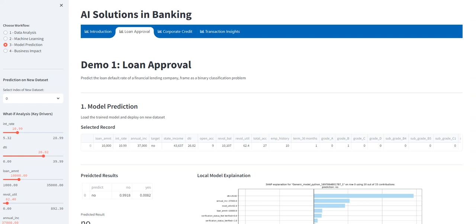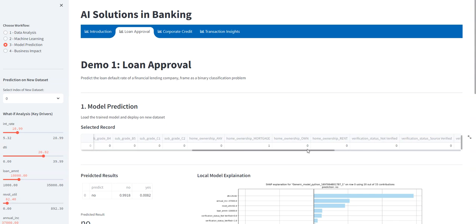So after we have trained our models, the next step is model prediction, where we load the model trained based on historical data, and we load the new record, which will be either batch processing or real-time prediction, into our system. So basically, this is where we're showing you we are loading one new record that is in the future.